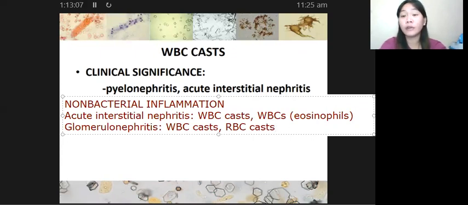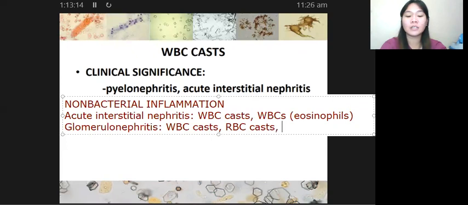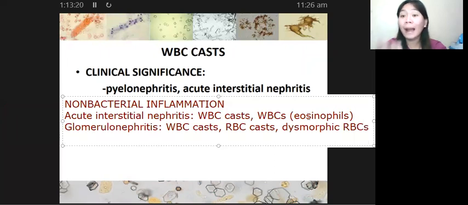And of course, your freestanding RBCs. Particularly, we have your dysmorphic RBCs. Okay, so isali na din natin para hindi natin makalimutan si dysmorphic RBCs. Walang bakterya itong mga to. Kasi non-bacterial inflammation nga siya.